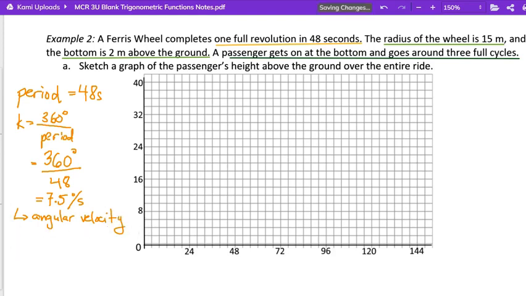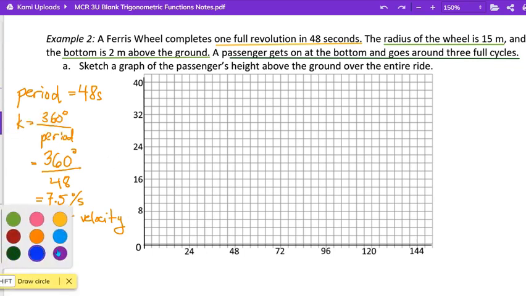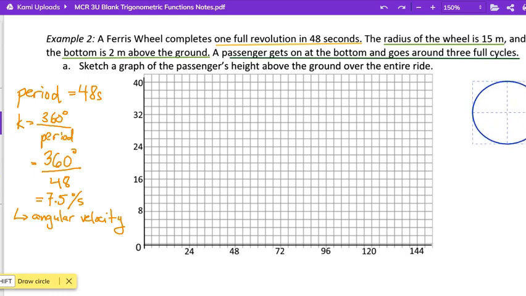Okay, so we got that piece of information. We've got our K value. Hooray. Next, the radius of the wheel is 15 meters. So let's draw this Ferris wheel. I need a real circle. Okay, let's have you draw the whole situation. We've got a circle.